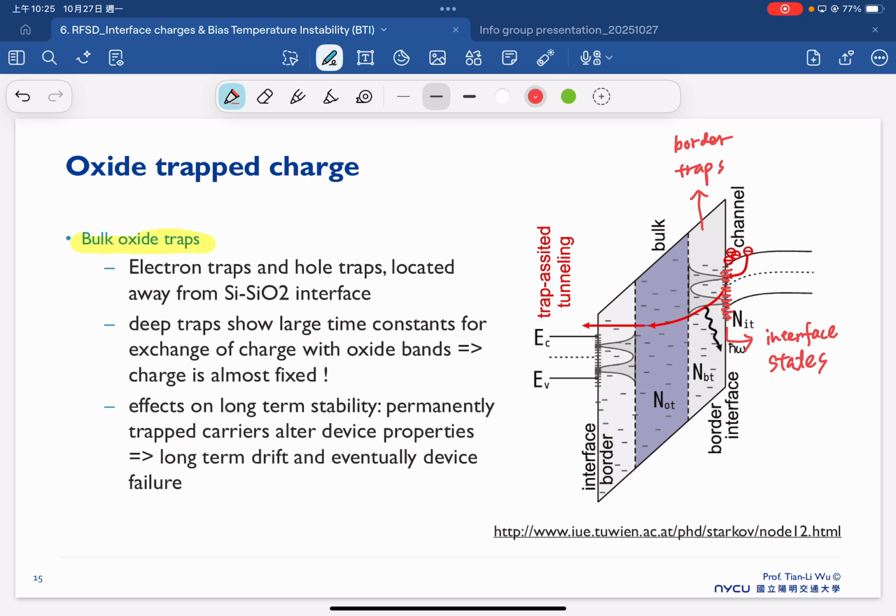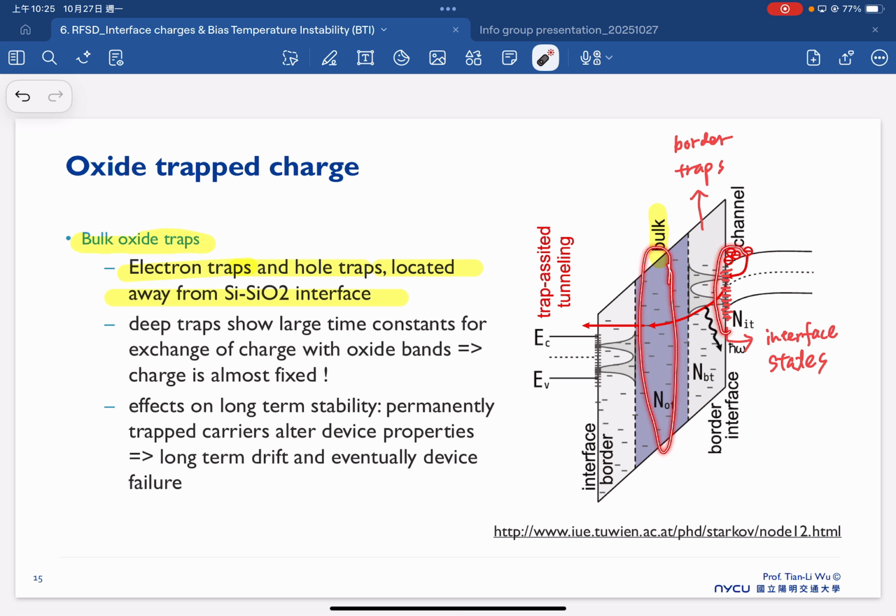And then beyond the border trap, we start to have the bulk trap, which is much deeper inside the dielectric. If we talk about bulk oxide traps, these are electron and hole trapping located away from the silicon dioxide interface. You can see this is pretty far away from the interface, which is why we consider them bulk oxide traps.